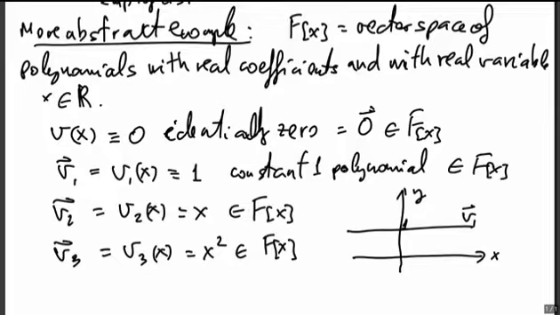Or the x is actually the v2 vector, it's actually a function. And for example, v3 is a quadratic function, that's a polynomial. This is really a function space, F.